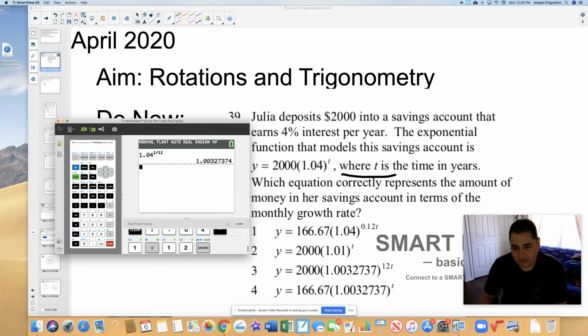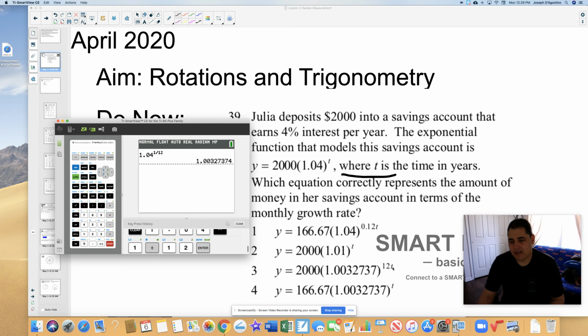Now, first I looked, the answer was 3 or 4. Using process of elimination, I'm down to 3 or 4. Now I was asking myself, if t is 1 year, what I'm doing here is raising this up to 12, and that gets you back to the 1.04.